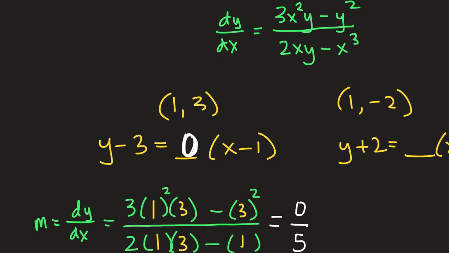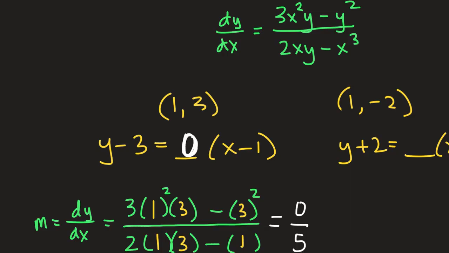So the slope of the tangent line at the point 1 comma 3 is 0. Okay, so basically the answer is y equals 3, right? Because if we were to multiply 0 into both of these, then it's y minus 3 equals 0. So the tangent line would be y equals 3. But leaving it like this is perfectly acceptable. You do not have to simplify it at all.